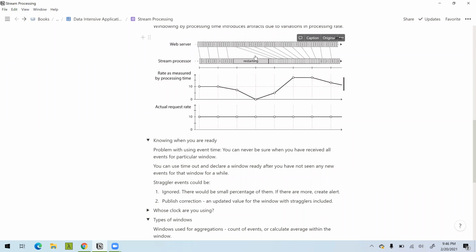No, we are sure. The stream processor is saying that I want to calculate the count of all the events that happened in a window between 7 to 8 a.m., right? So now it is waiting for the events from the web server. The web server will be sending the events. Some events will be at 7:05, 7:10, 7:15, and it is taking the count of all the events, right?